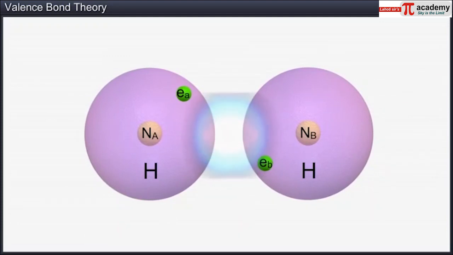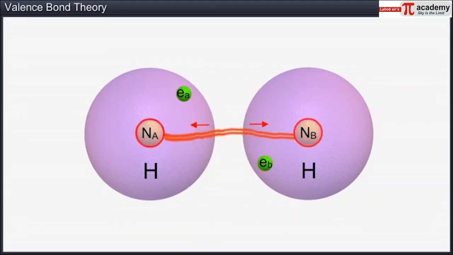The force of attraction arises between the nucleus of one atom and its own electron, that is, between Na and Ea, and between Nb and Eb, and the nucleus of one atom and electron of another atom, that is, between Na and Eb, and between Nb and Ea. Simultaneously, repulsive forces also arise between the two electrons Ea and Eb and the two nuclei Na and Nb.